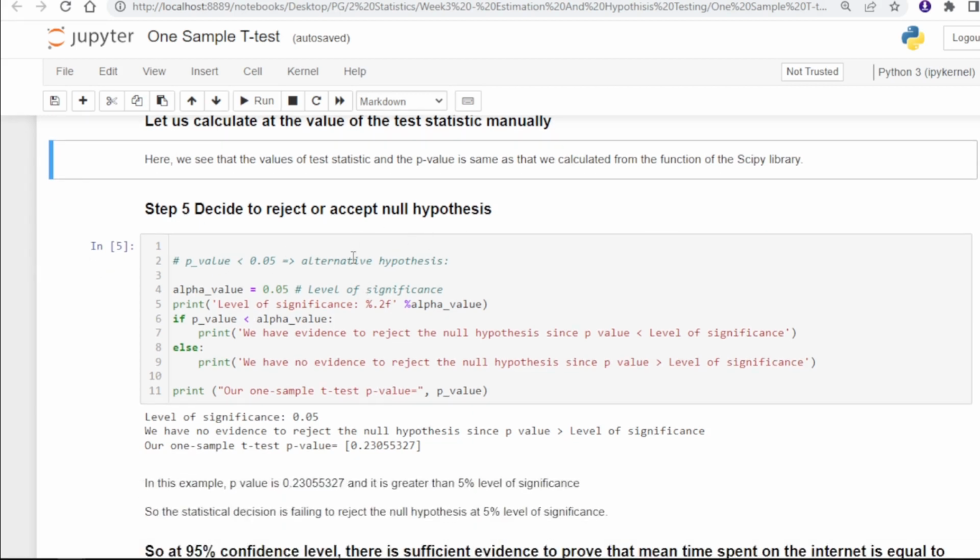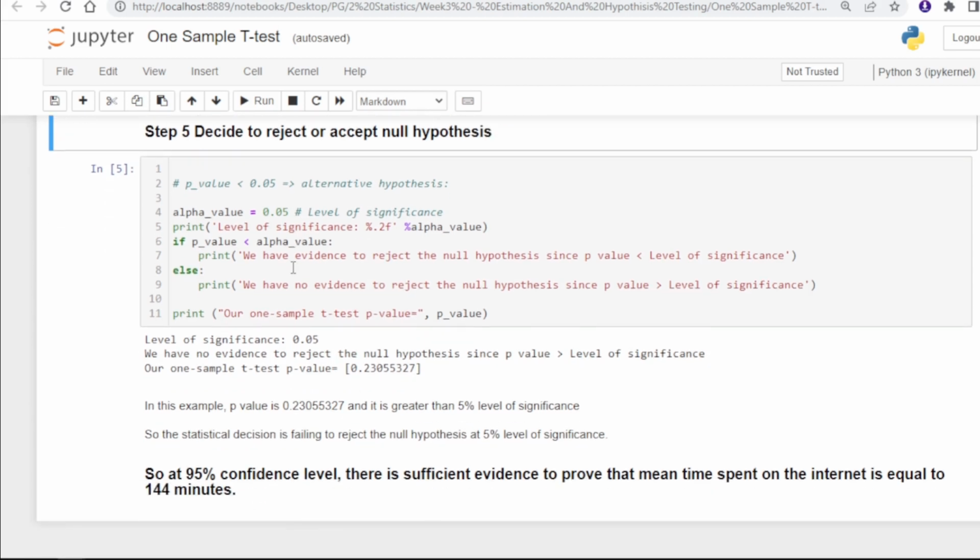Now the fifth step is to decide whether to reject or not reject the null hypothesis. This is our ultimate goal. We first define the alpha value, which is our level of significance.